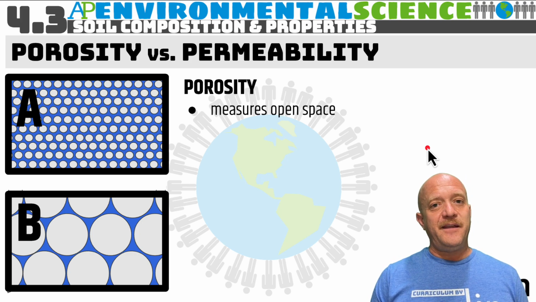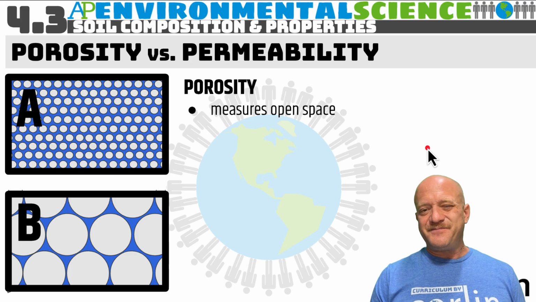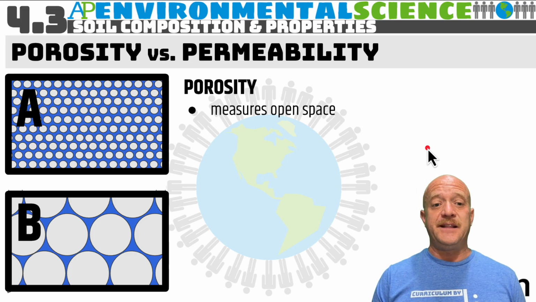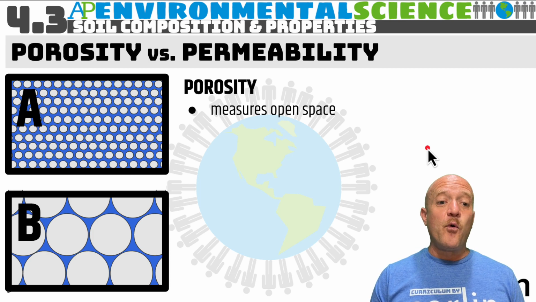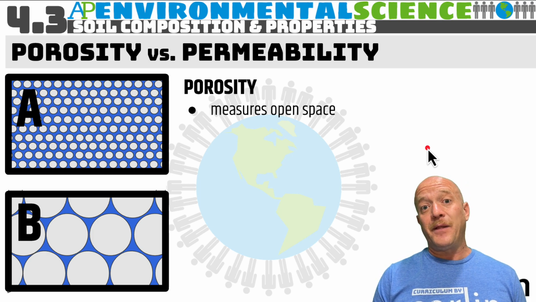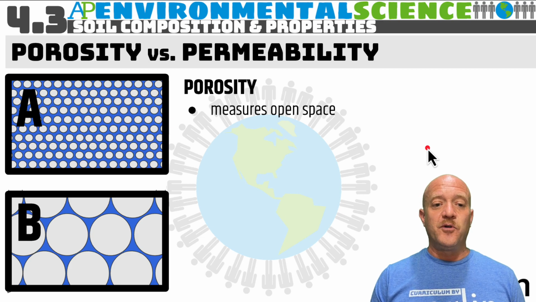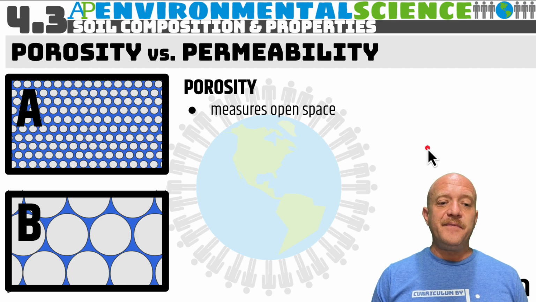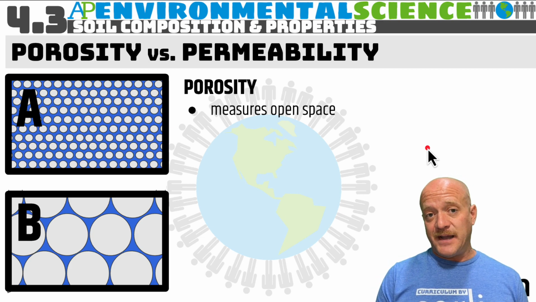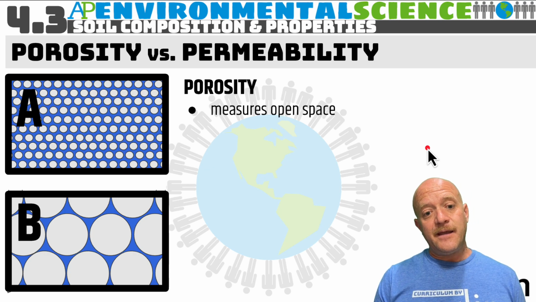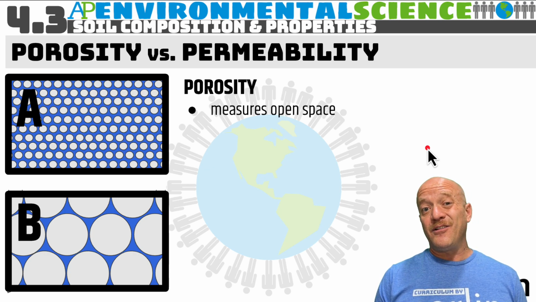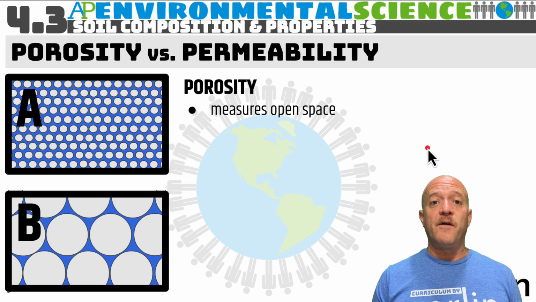Porosity and permeability are related to an extent, but they do not mean the same thing. Porosity, we're just measuring the open space. There's actually more porosity in sample A, because you can see there's more blue. There's actually less porosity in sample B, but the spaces in there are larger, so there will be a better flow of water.